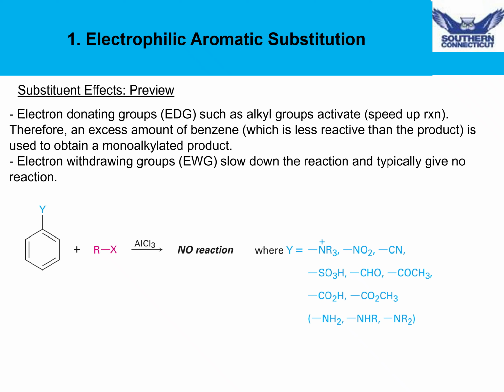Electron withdrawing groups, such as carbonyl compounds, for example, aldehydes, ketones, carboxylic acids, and esters, or other electron withdrawing groups like nitro groups, nitriles, sulfonic acids, quaternary nitrogen atoms that have a positive charge, or even any amino group, since these amino groups usually in the Friedel-Crafts alkylation will react with aluminum trichloride to form a complex that has a positive charge on the nitrogen.